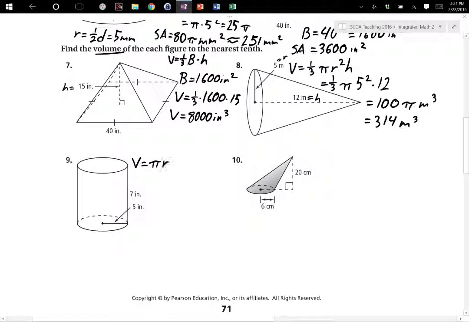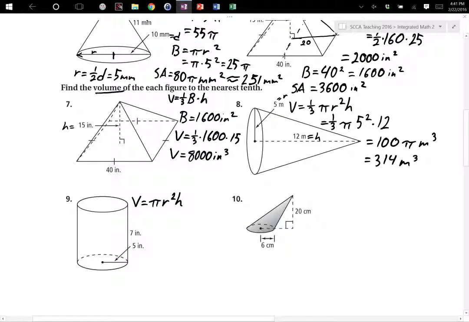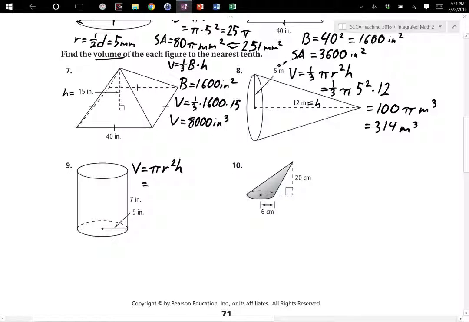All right. Now my volume for number 9, it's a similar formula. It's going to be pi r squared times height. Not the 1/3. Notice the 1/3 here, no 1/3 here. So my volume is pi r squared. What's my r? Here's r. Here's my h.